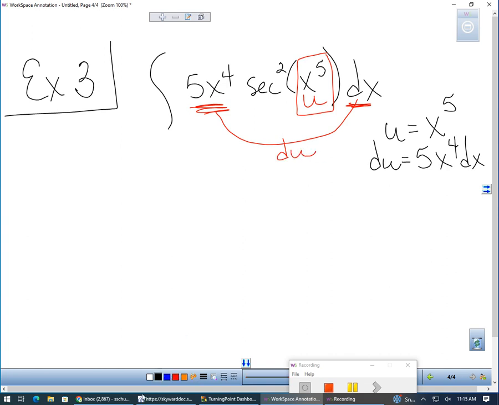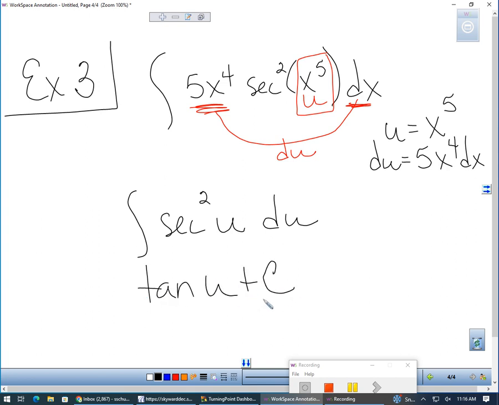Let's rewrite and see what we have. I have the integral of secant squared u du. The antiderivative of secant squared is tangent. So I have tangent u plus c. So then this is just the tangent of x to the 5th plus c.